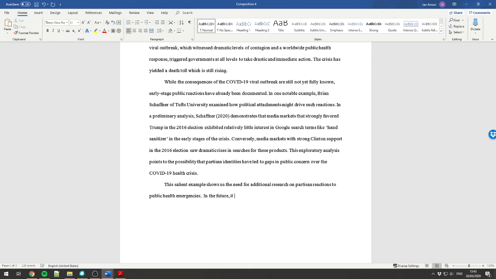In the future, it seems unclear whether such patterns, I guess really it's not really in the future, it's kind of in the present as well. It seems unclear whether such patterns are consistent across health crises, or if this gap in partisan concern is merely a product of circumstance.